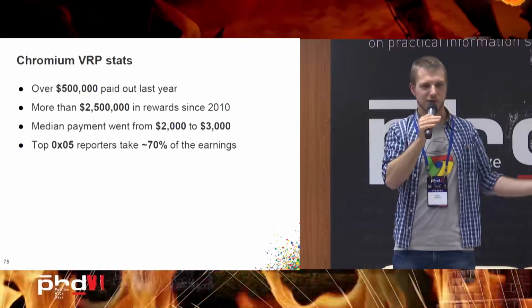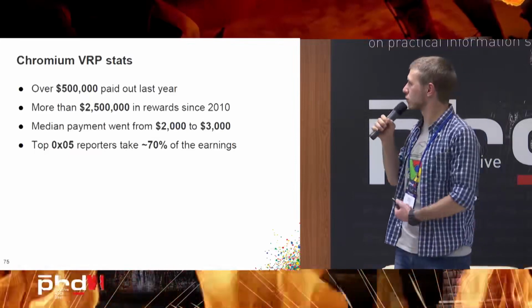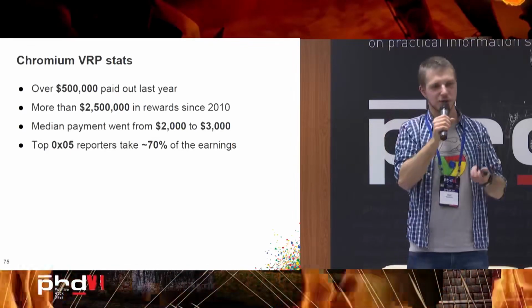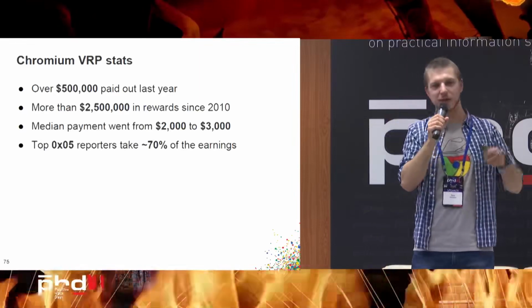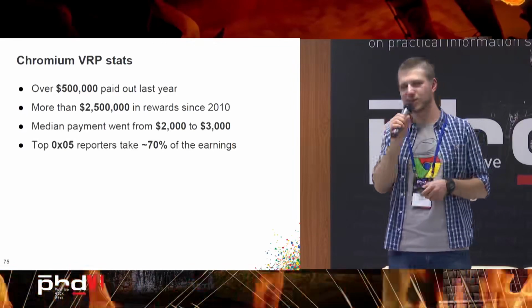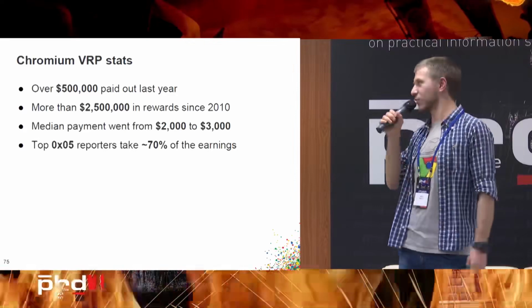Now the stats are as follows. Last year alone, Google paid out $500,000 for Chrome bug reports. Since 2010, over $2.5 million has been paid. The median payment has gone up from $2,000 to $3,000, and the average payment has gone from $2,700 to $3,600.